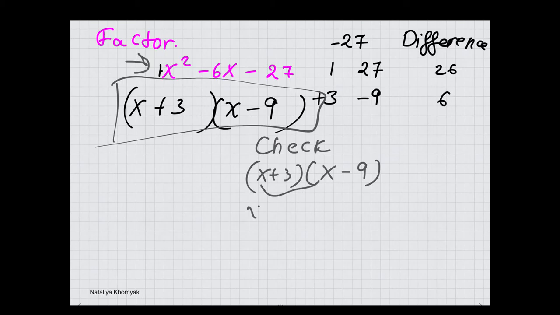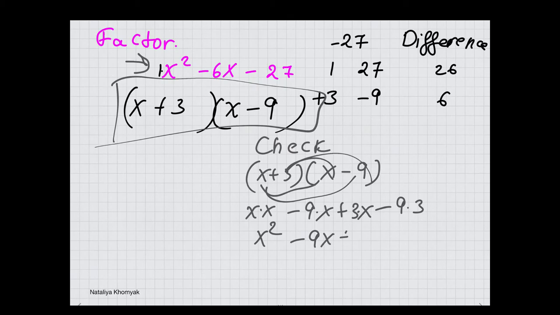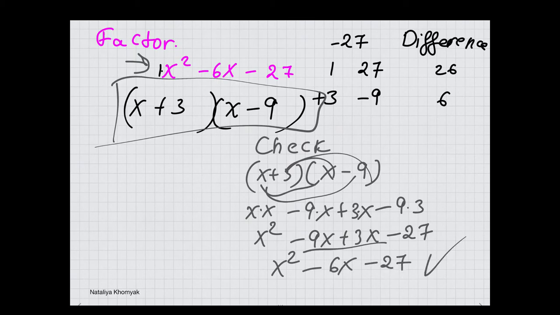So we get x times x minus 9 plus 3 times x minus 9. So we have x squared minus 9x plus 3x minus 27. These combine into negative 6x, so x squared minus 6x minus 27, and this checks out.